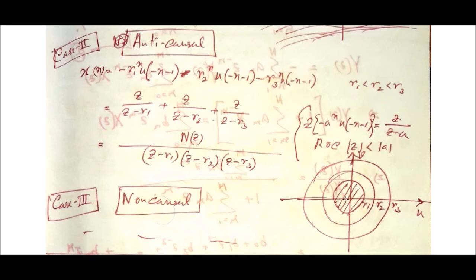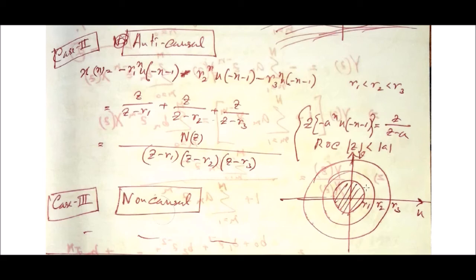Then you can draw the three circles. Remember that in all of these cases the ROC will be the interior of the corresponding circles. For that case only the interior of the smallest circle will be common to all of them.